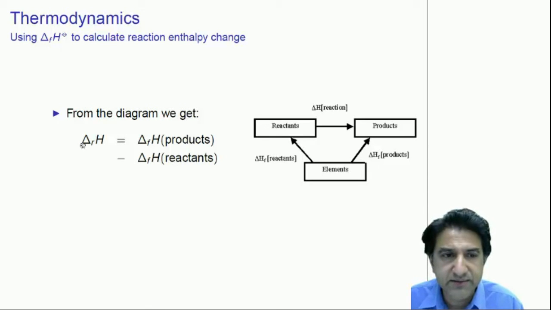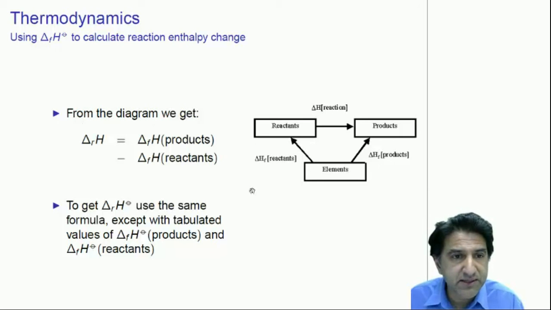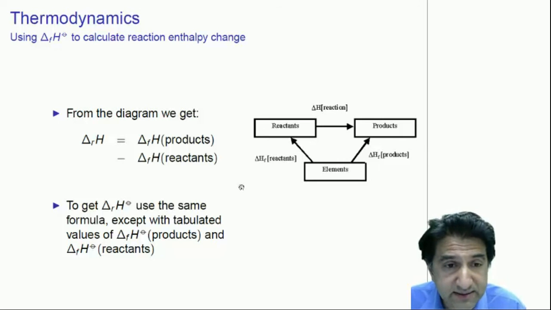Instead of having the reactants on the left-hand side, we have put them on the right-hand side. So that works for any heat of reaction at any temperature, whether standard or not. If you want the standard heat of reaction, this equation applies. You just put a little superscript circle with a dash on either side, meaning this equation also holds for products and reactants in their standard states.